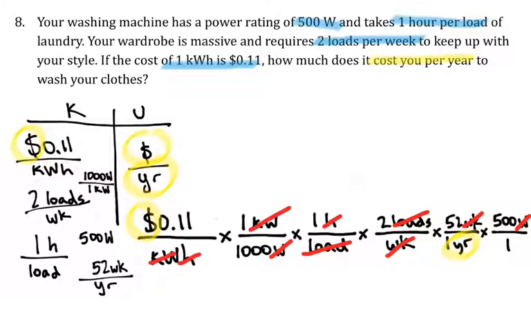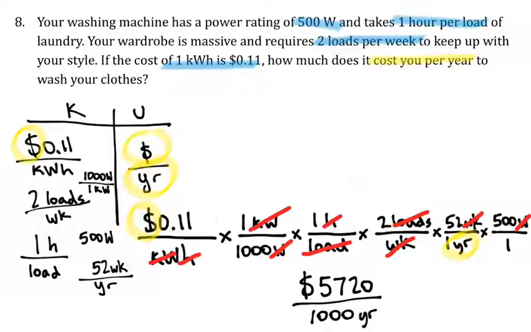So now order of operations tells us to multiply all the way across first on the top and the bottom before we divide. So 11 cents times 1 times 1 times 2 times 52 times 500 is 5,720, divided by, let's see, 1 times 1,000 times 1 times 1 times 1 times 1 is 1,000.